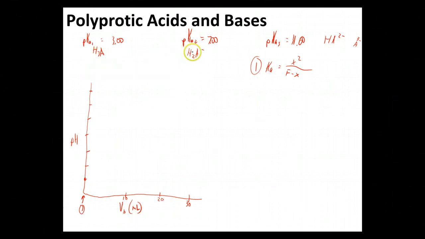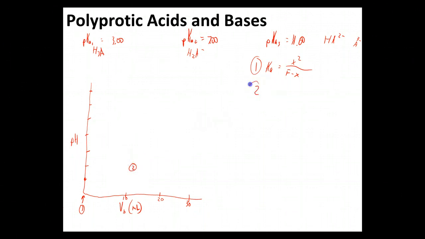We're also going to have H2A continue to fall apart into A2 minus. So we're going to have to deal with two different equilibria simultaneously. And when we have that sort of a complicated case, we'd have to go solve our systematic treatment of equilibrium in order to get our full equation for it here in the middle. So let's go ahead and take a look at what that equation will look like.